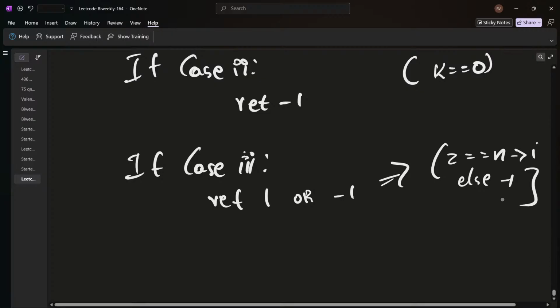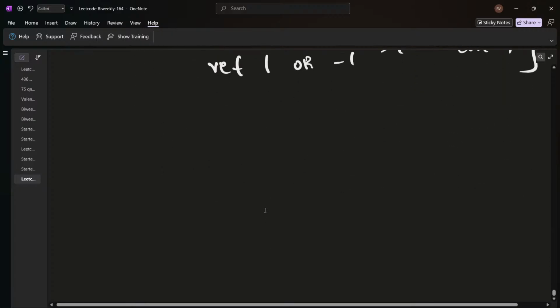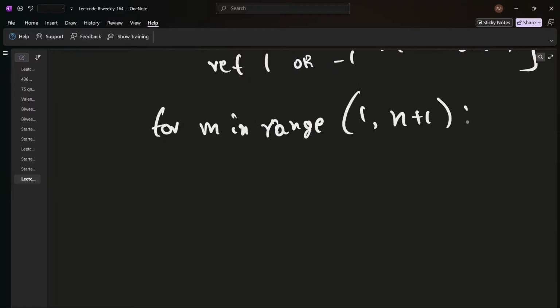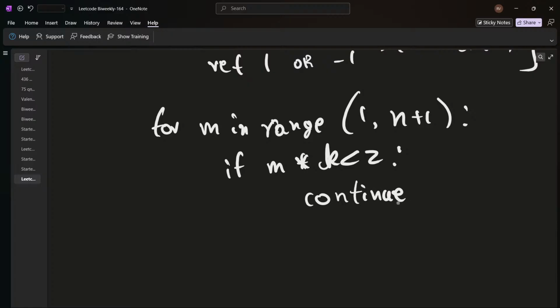Now I'll run my loop. After this is done, run my loop for m in range (1, n plus 1). I'll put in my formulas. First one, if m into k is smaller than z, this is my invalid case, so here I'll simply continue.